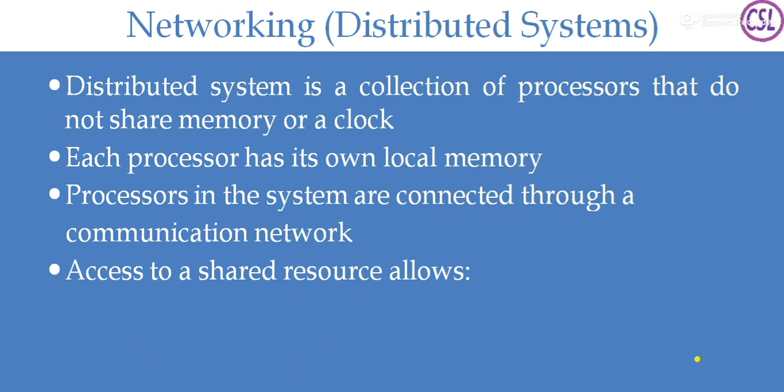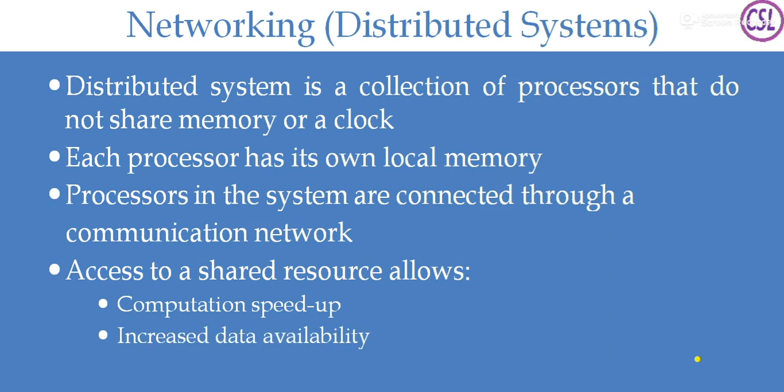So access to shared resources, that means mainly the purpose of networking is sharing of resources. So what are we going to share? Computation speed. Because the task is distributed, definitely computation speed is shared. Increased data availability. One computer may have 1 GB of data, another computer 10 GB of data. If you combine different computers, from one computer I can access all the data available on all the computers.